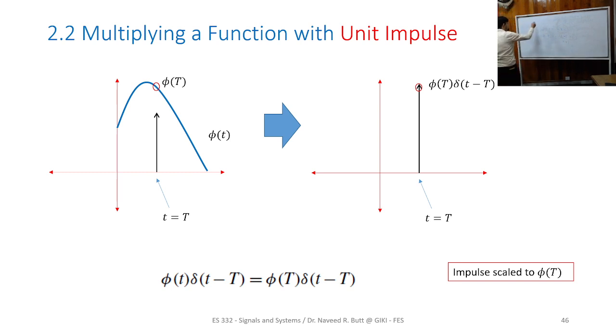So delta t is unit impulse, alpha delta t is scaled by alpha. Whatever you want here, put 2, put 3, or some general value. Now if I wanted to pick one of the values of this function phi t at, let's say, t equals whatever T is here, but let's say T plus 1, what should I do?